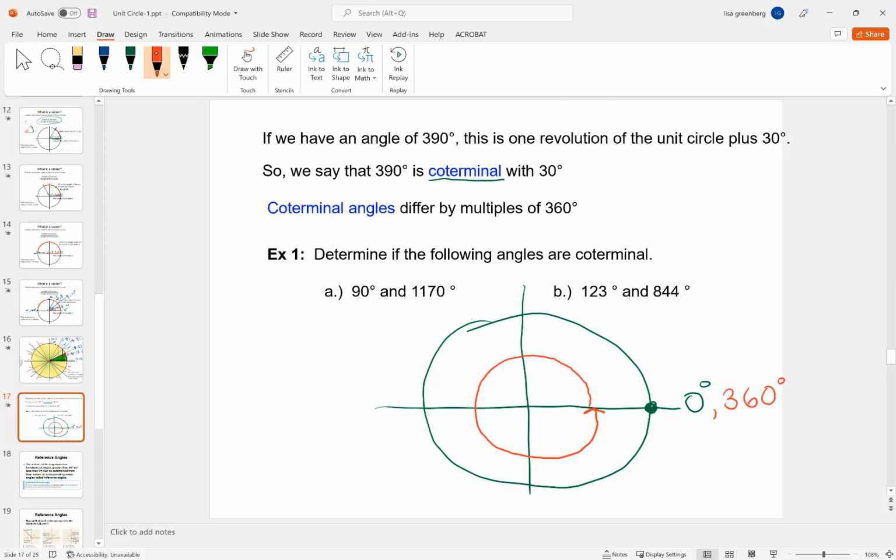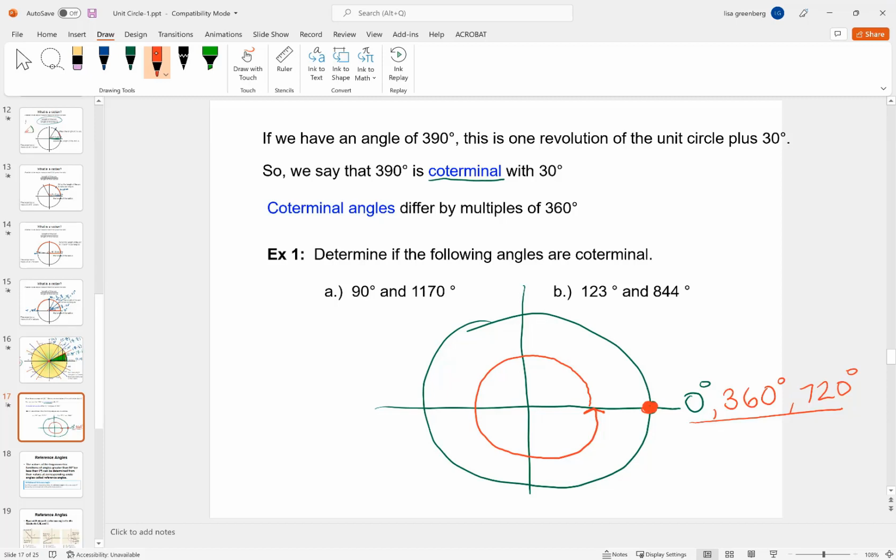So we can say 0 and 360 degrees are exactly the same place, right? And I could do it again. I could add 360 more, and I could get 720 degrees. So all those are the same point. They're different values, but they're all exactly this point on the circle.